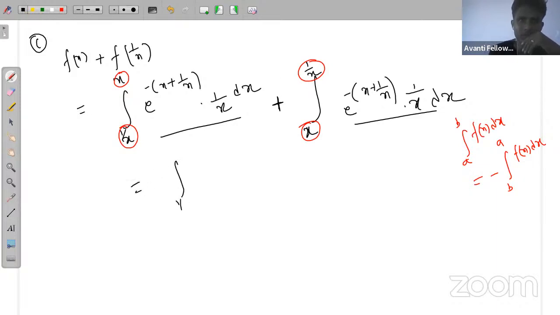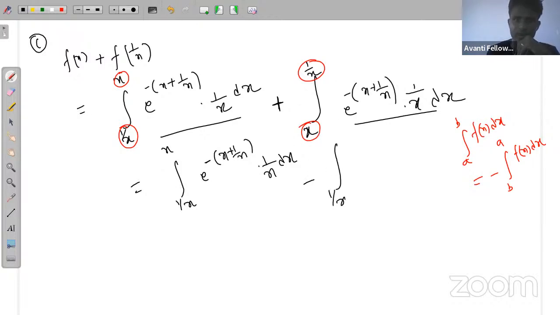So that is equal to integration from 1 by x to x of e to the power minus x plus 1 by x dx plus, sorry, this will be minus, we are changing the range, 1 by x to x e to the power minus x plus 1 by x into 1 by x cube.